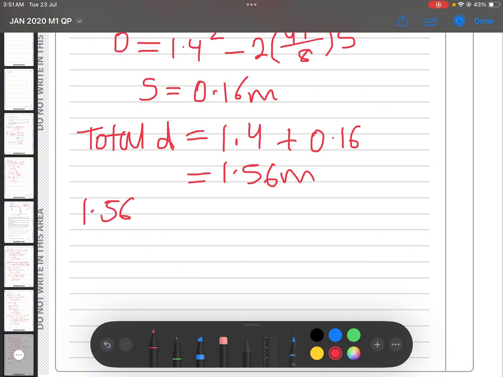Remember, statement has 1 mark according to the mark scheme. So 1.56 is less than 2 meter, therefore it doesn't reach the pulley.